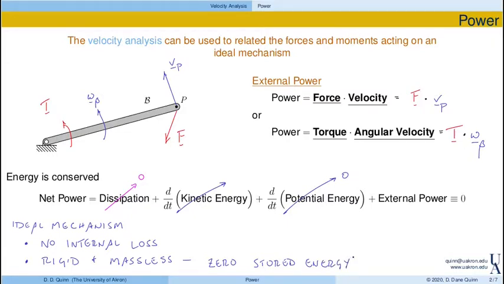These are actually not bad assumptions. Typically, our mechanisms are very stiff, so the deformation within them is very small. Think about an aluminum rod right here in a linkage. In addition, these mechanisms are typically very light relative to the forces that are applied to them.